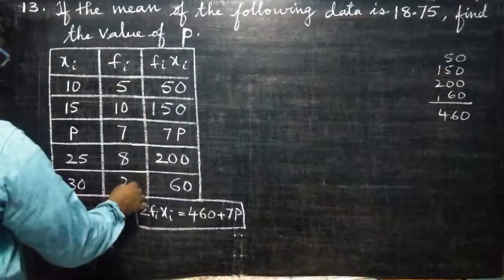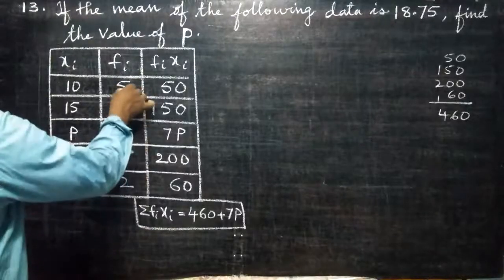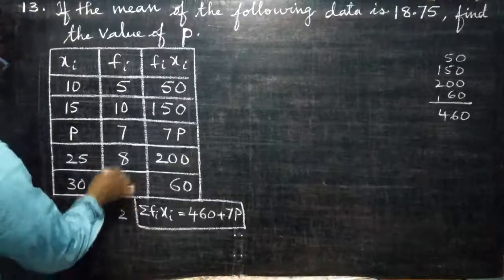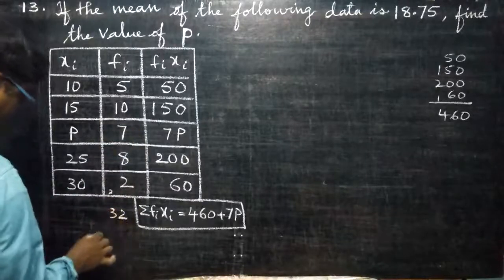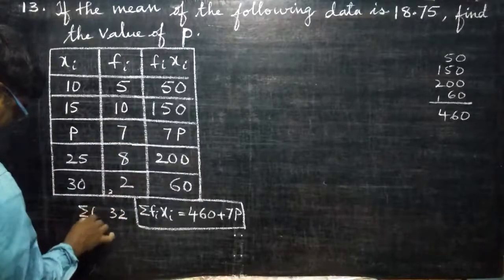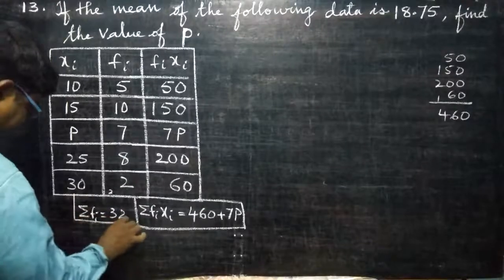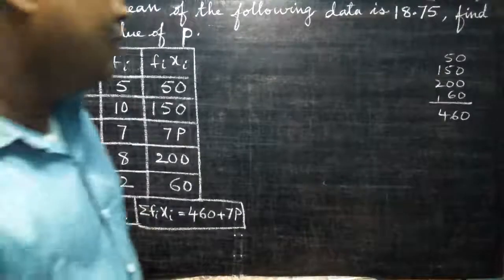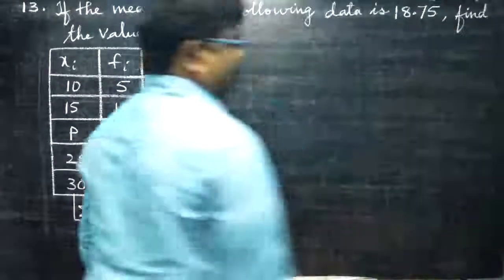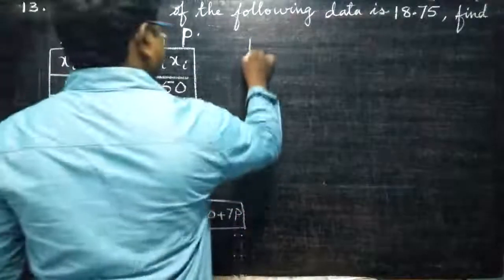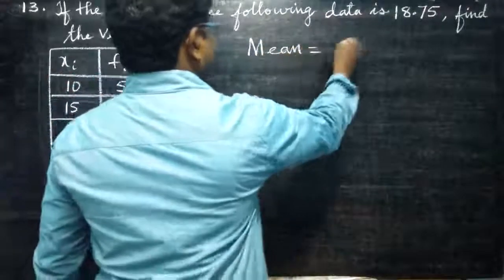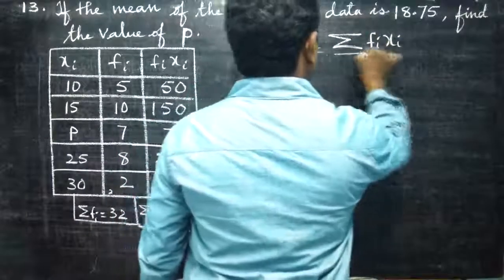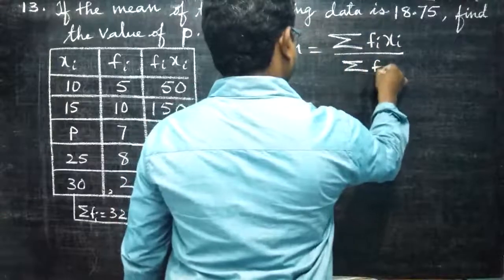Now add this one. 10, 17, 22. 2 here. Again 2, 3, 32. So sigma fi is equal to 32. You got 32. Now, what is the formula for mean? Mean is equal to sigma fi xi by sigma fi.